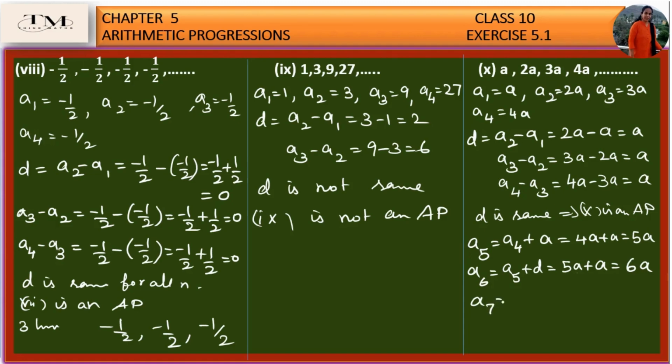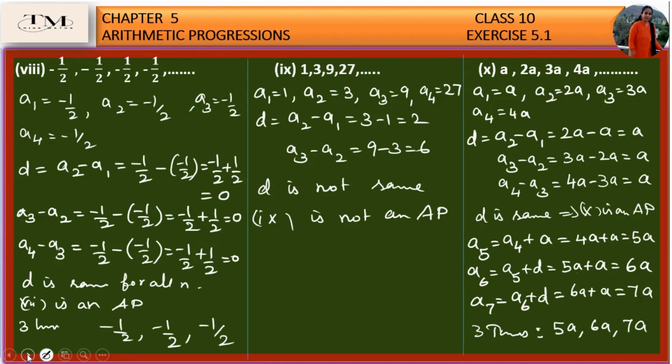Next, A7 is the previous term A6 plus the common difference. A6 is 6A and the common difference is A. So 6A plus A, that is 6 plus 1, it is 7A. So the three terms are 5A, 6A, 7A.